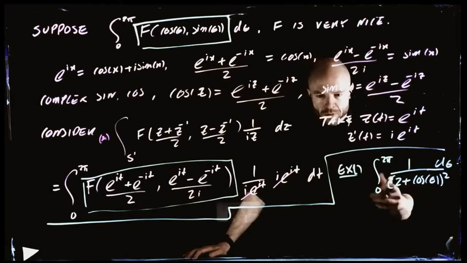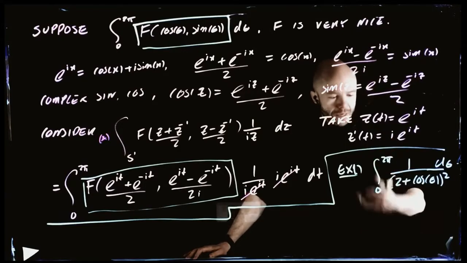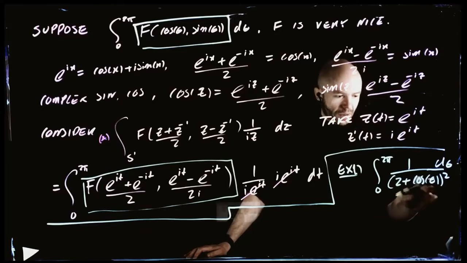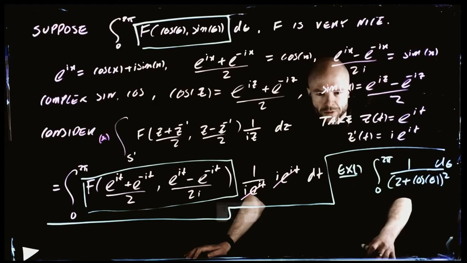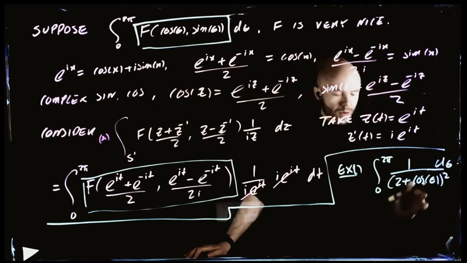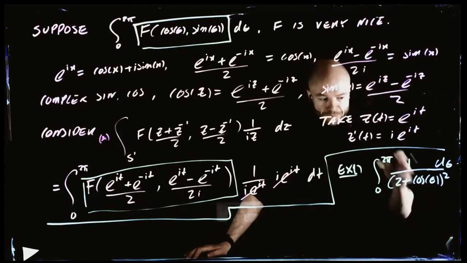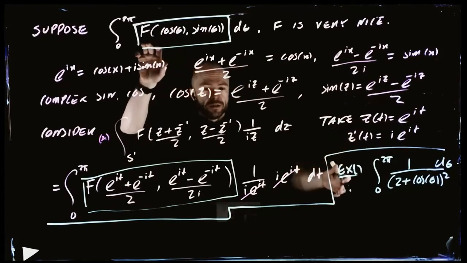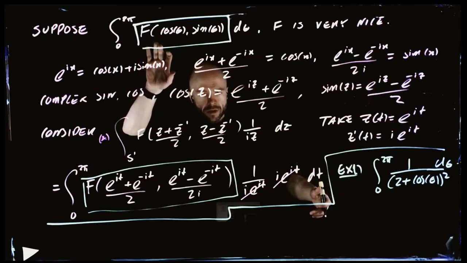This is a nice looking integral, not very complicated, but none of our many calculus 2 methods are actually going to help us here. There's no u sub, there's no integration by parts, there's no trigonometric substitution. This is already just completely out of the realm of the toolbox of calculus. But this is obviously a fairly nice function in terms of f. This will indeed be good enough for us.